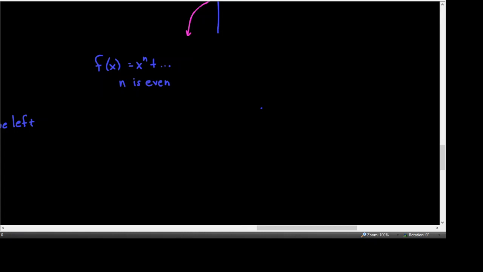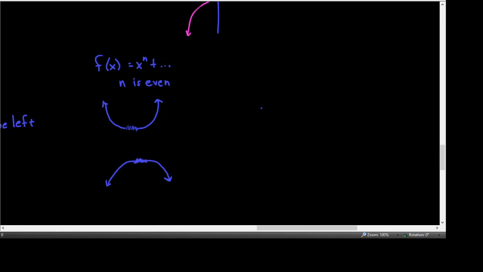And that is, if n is even, you'd expect the ends to point in the same direction. So they'll either both point up with unknown stuff going on here in the middle. I'm just going to squiggle that because that's not predicted by this at all. But the end behavior is both sides up or both sides down. Left and right, both down, with unknown stuff here in the middle.